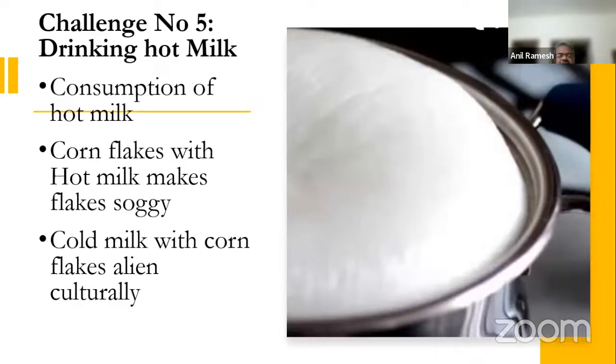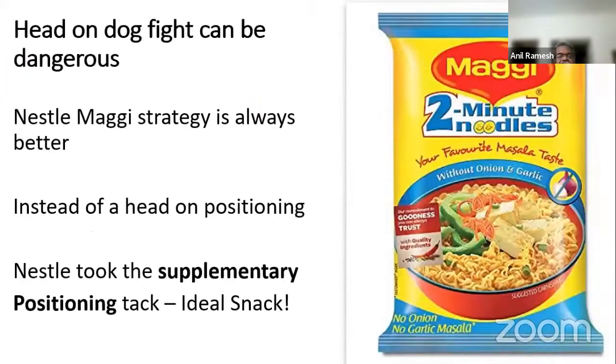Once we take cornflakes with hot milk, the flakes become soggy, and hot milk and cornflakes don't gel together. And cornflakes with cold milk, and that too something so very sweet in the morning, did not gel with Indian families at all.